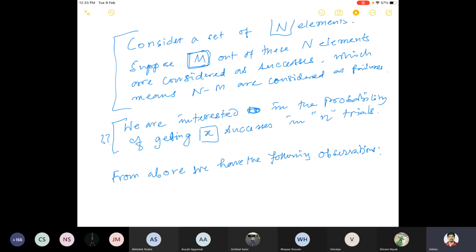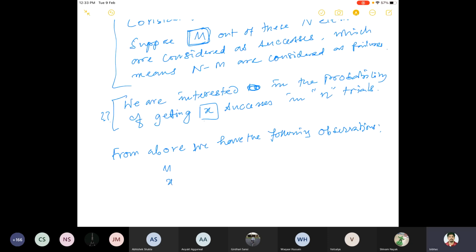First of all, there are M C X ways of choosing X of the M successes.